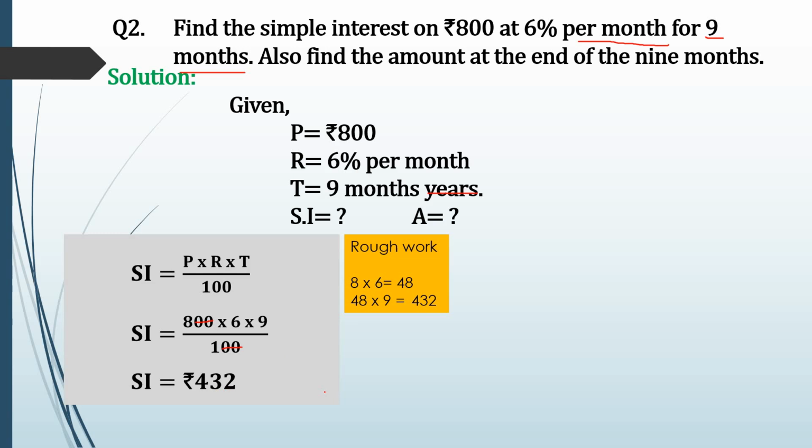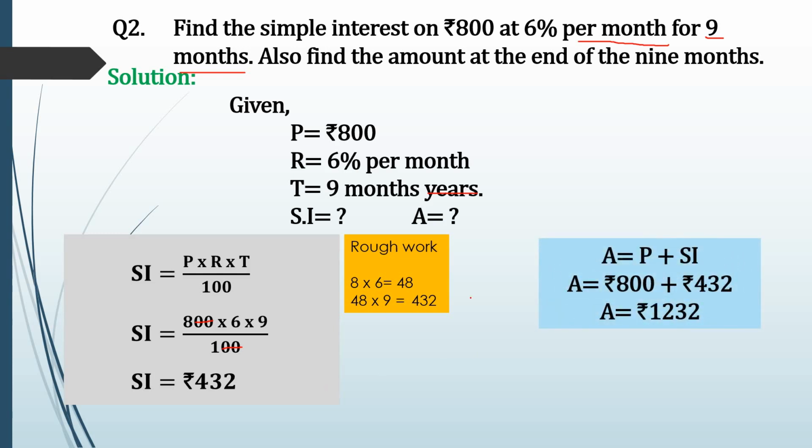Okay, now we know how to calculate amount. Amount is the sum of principal and simple interest. So just substitute the value of principal and simple interest. So amount is equal to, principal is 800, which is given, and simple interest is rupees 432, which you just found out.